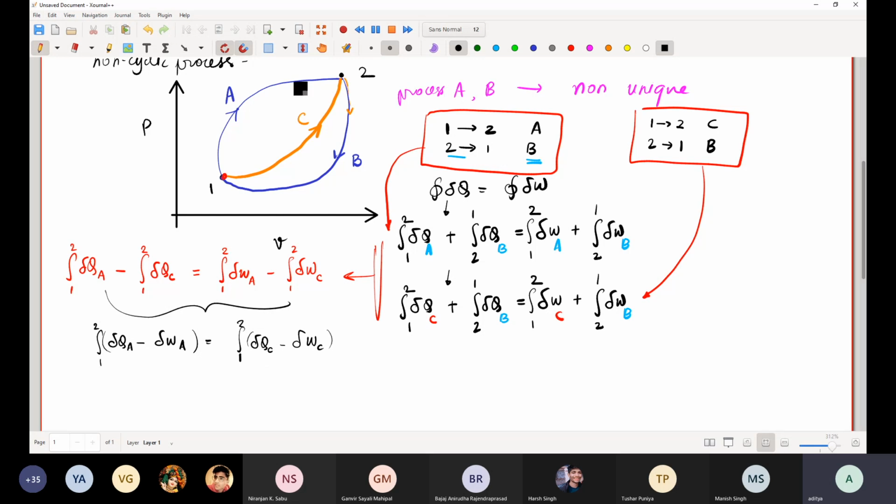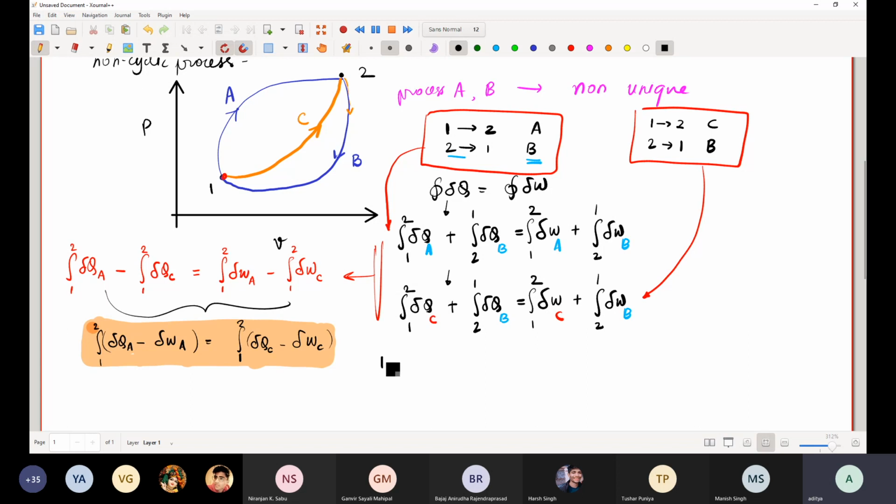And this is quite profound in the sense that it says that in going from state 1 to 2, the work done and the heat transfers are obviously different.